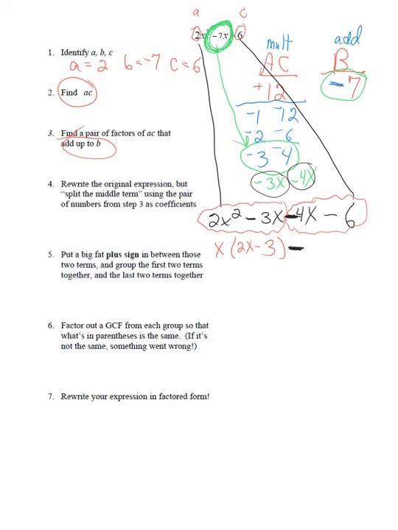And between 4 and 6, the best I could do is pull a 2 out. And I'll open up a parentheses for the leftovers. And when I do that, I have 2x minus, now remember, whoops, I'll check that. I pulled a minus 2 out of minus 6.